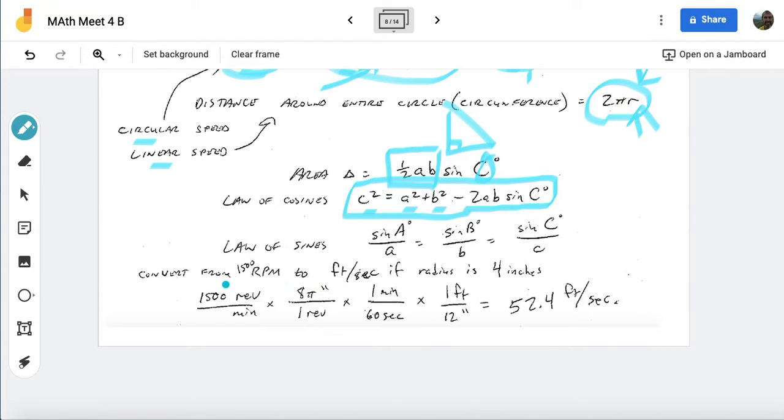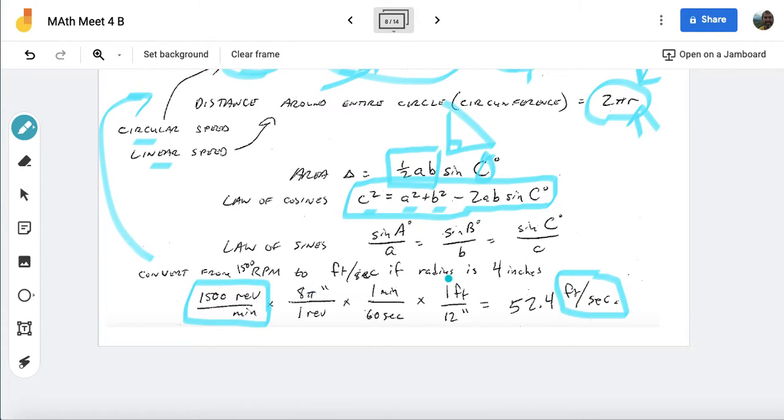Here's a conversion problem. This is related to this up here. Let's say you have to convert from 1,500 revolutions per minute into feet per second. So what I'll do is say, okay, I need 1 revolution.